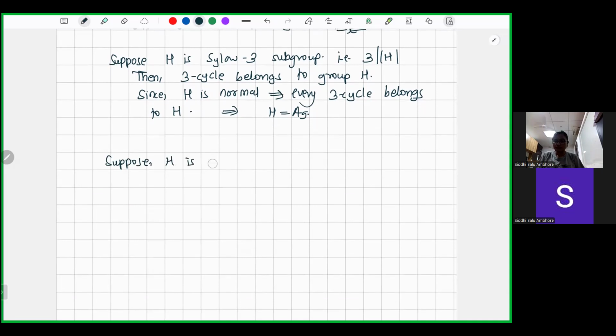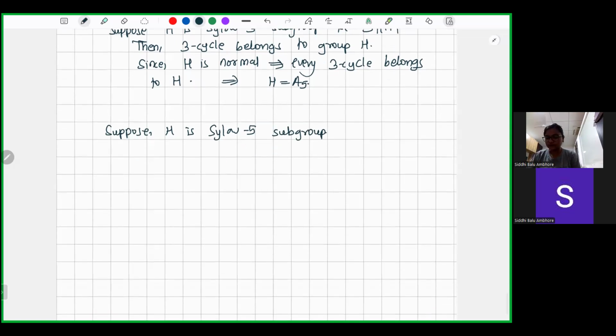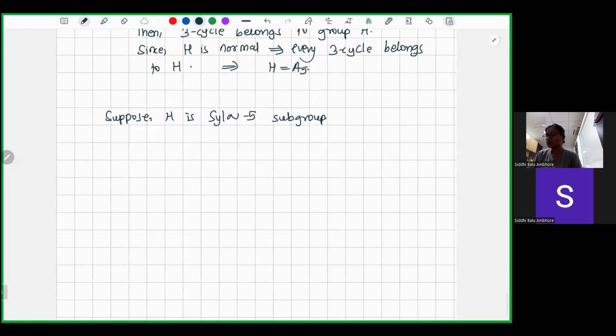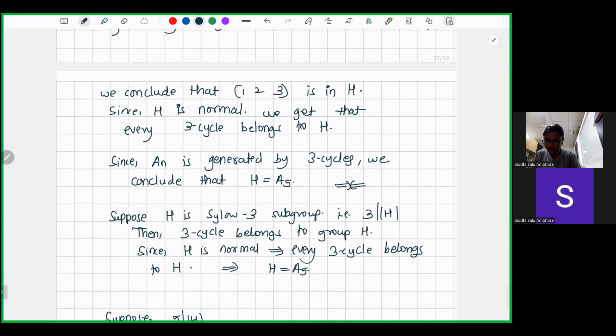Okay, and the next is for now, suppose H is Sylow 5 subgroup, sorry, not Sylow 5 subgroup. Suppose 5 divides order of H. This is the condition which we are starting with.